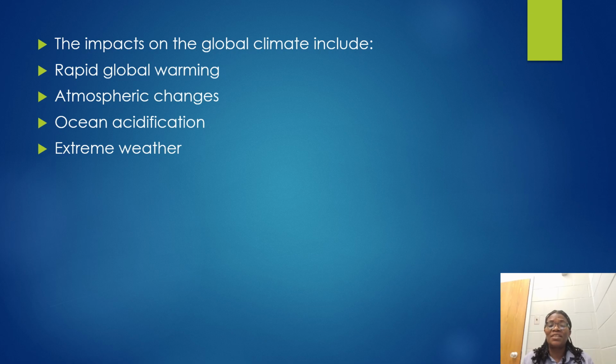Then we have acidification of the ocean, that is, the presence of more acid in the ocean. Then we have extreme weather. When we say extreme weather, that is where the sun is too high, or the rain is too much, or the snow is too much, or the cold is too much. So these are what we have when these gases are released into the atmosphere.